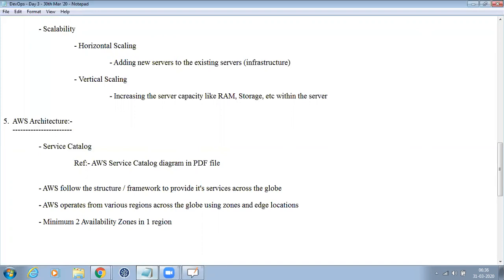Okay, that means availability zones. What is an availability zone? Availability zone, what does it mean?